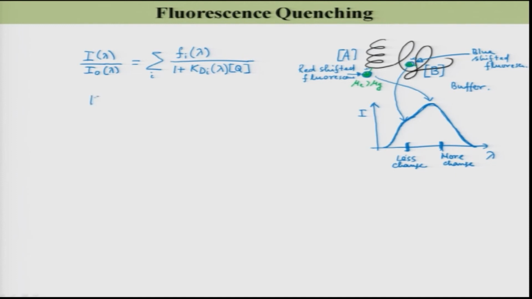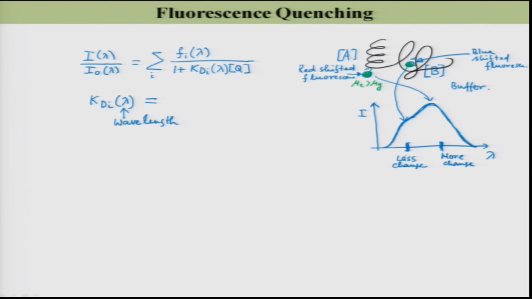So, I can write this kD_i lambda. Whether it depends on the wavelength or not, that is my question. For the ith site, it could be A, it can be B, if you have multiple, then C, D and so on.